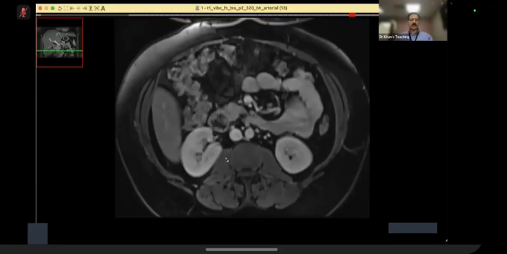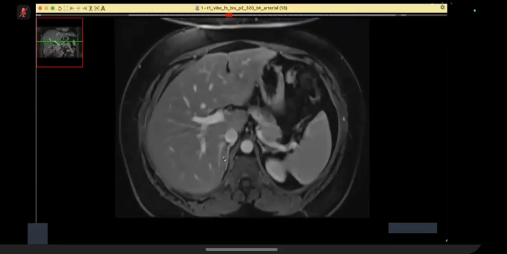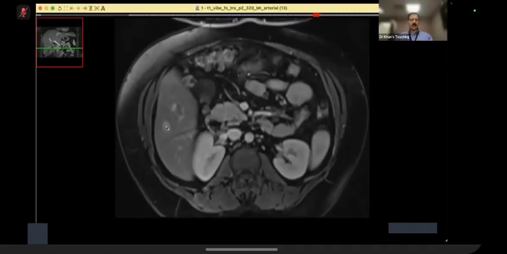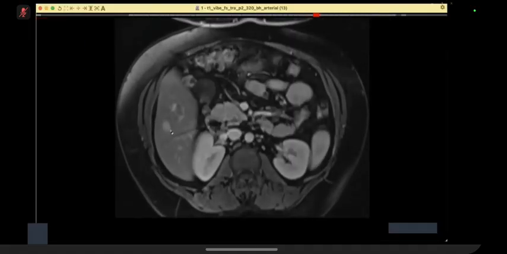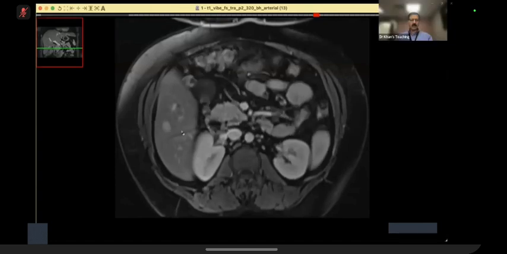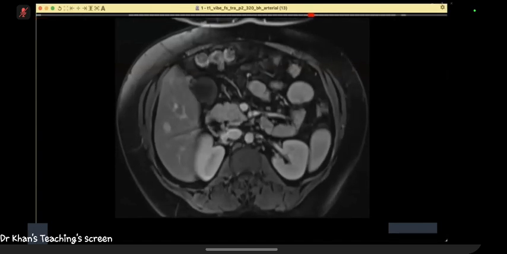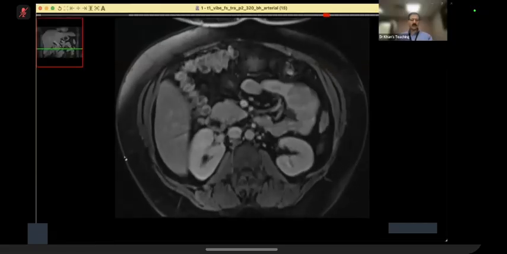This is the venous phase. Now this is the lesion, still enhancing, like the portal phase. I'd like to see it on the delayed, further delayed phase. Yeah, this is the further delayed phase.